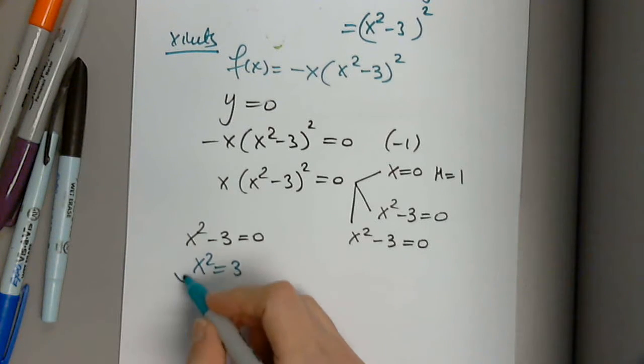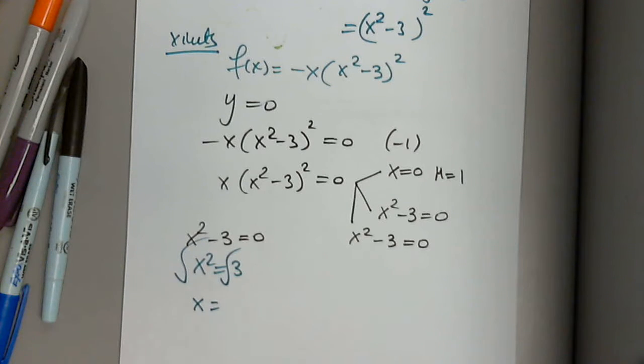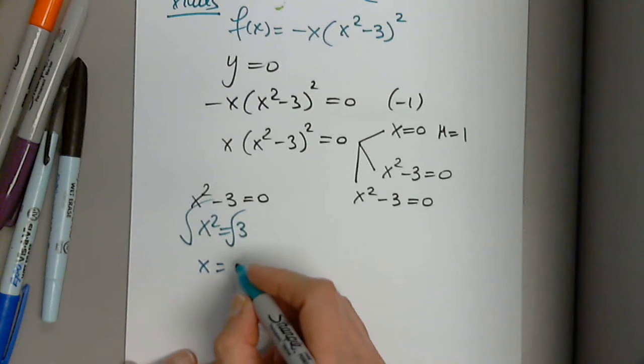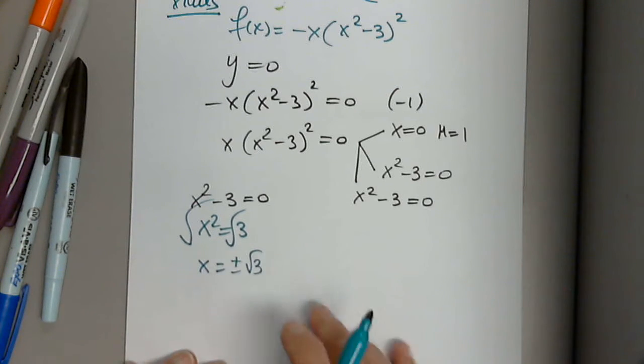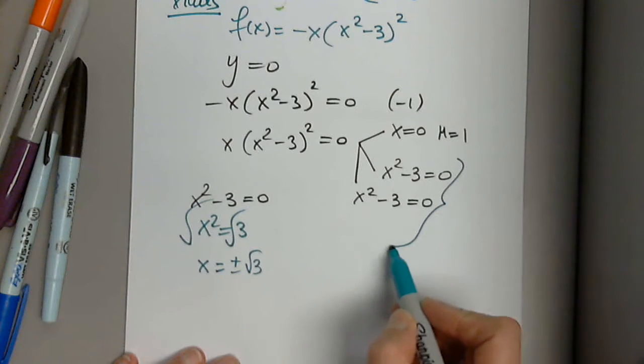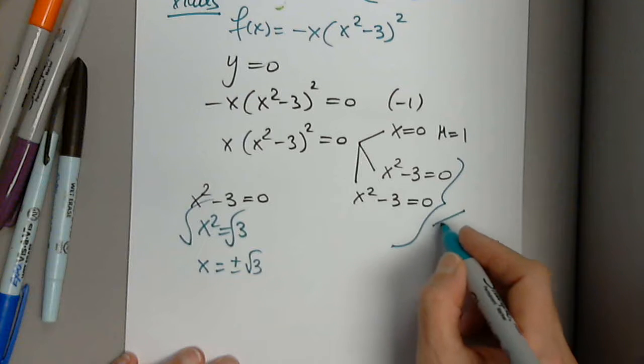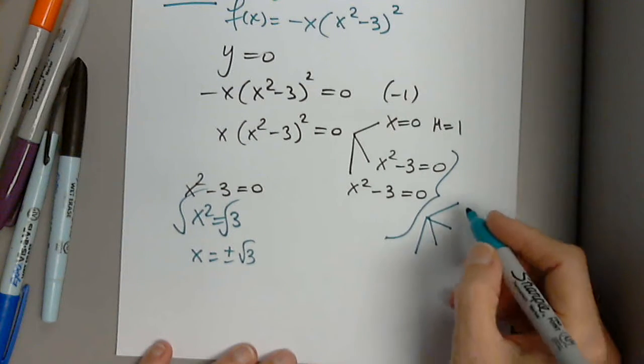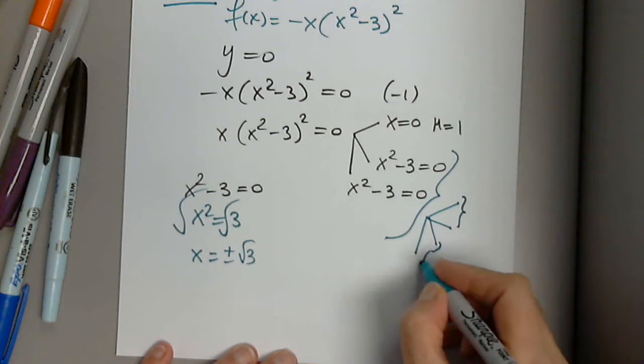So I take the square root, but I have to get how many solutions? And I can't forget that. Yes. And they are plus or minus the square root of 3. So then what do we get from here? We need 4 solutions. We have 1, and from here I have to find 4 solutions. 2 and 2.